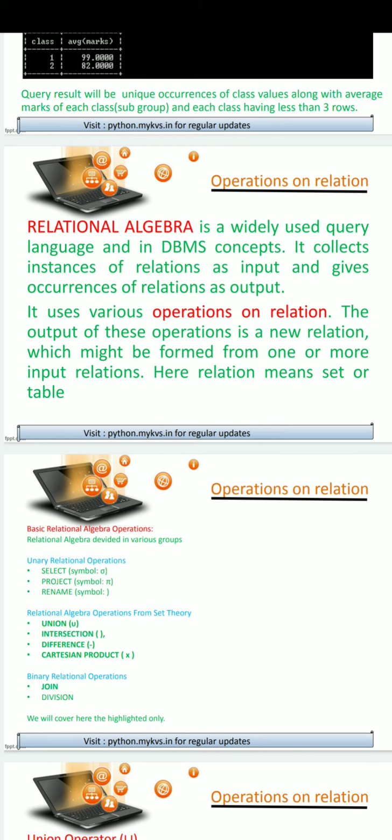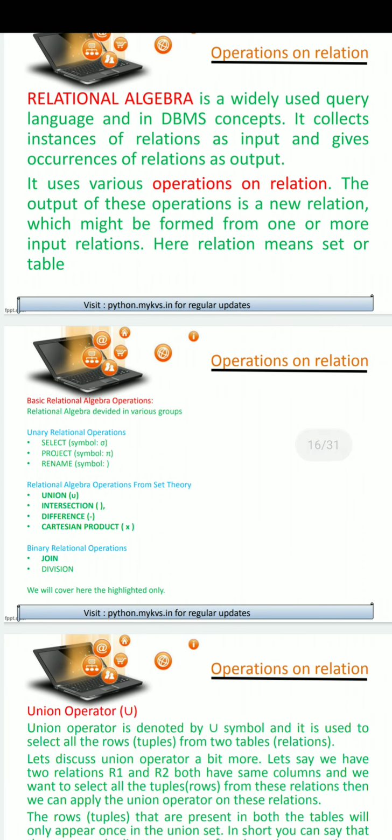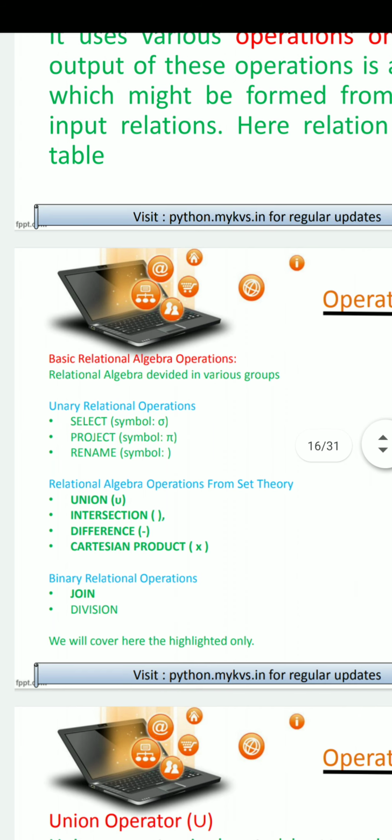So various operations can be performed over any relation. Some of the basic relational algebra operations are either unary relational operations, or from set theory, or binary relational operations like join and division. The operations given in bold letters are included in our syllabus.